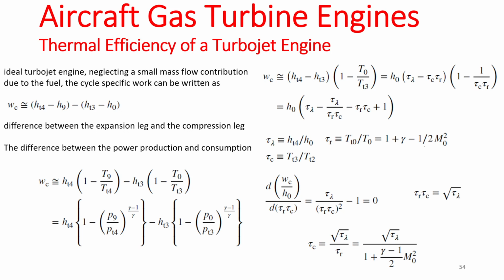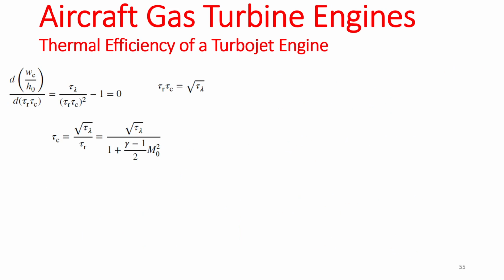We can replace tau r with the relationship we already have, the ratio between the total condition and the static condition, right? Tau r equals 1 plus gamma minus 1 over 2 M squared. The same equations here. Okay.